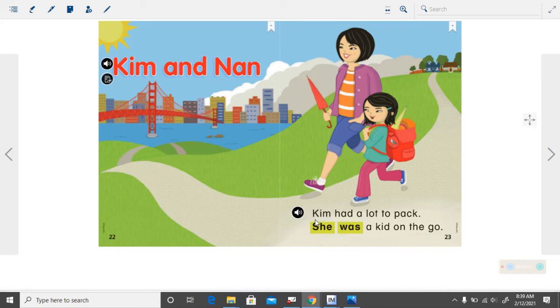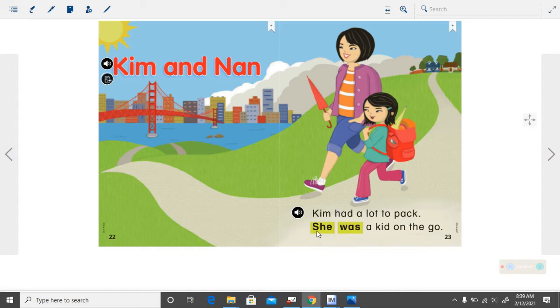Here on this page, this is a capital K beginning with Kim, beginning the name Kim. And it begins a sentence and it goes all the way to here. This is a period. That means it's the end of a sentence. Kim had a lot to pack. That is one sentence.